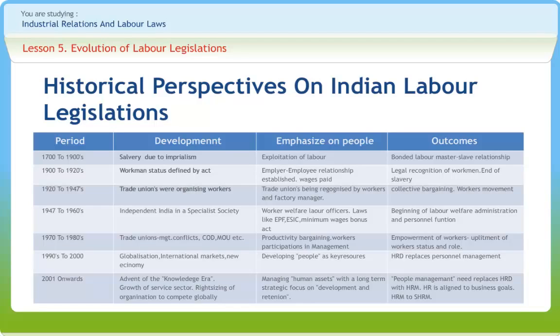Over a period of time, several amendments have been made to the existing labor legislations as per the needs of the industry, which can be seen in the table in which various conditions of workers have been shown with the actions taken and then the impact on society in respective periods.